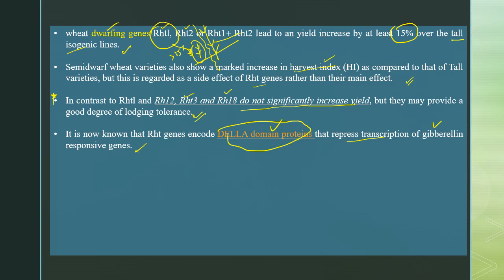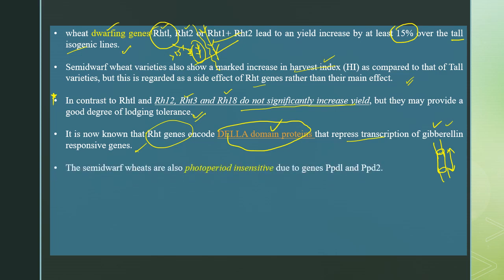So if we suppress it, that means there is reduced internode elongation. This growth is inhibited by the DELLA domain, by these RHT genes. Okay, sorry. These RHT genes encode the DELLA domain protein, which actually represses the transcription of gibberellin responsive genes, and that is how they dwarf the wheat plant.